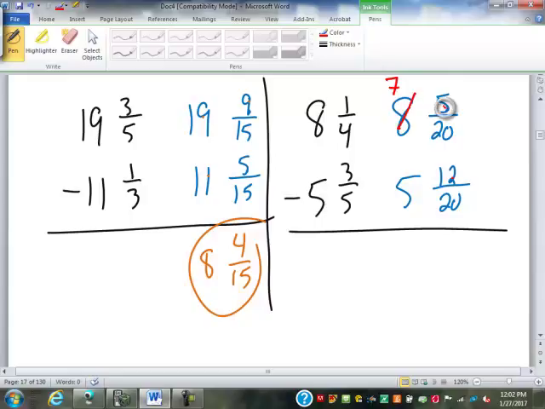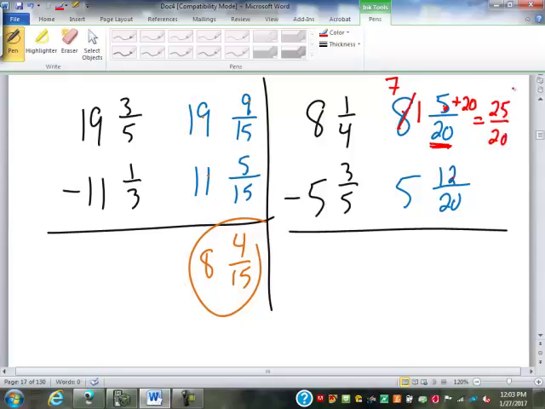What is this going to become? Careful, very careful. What I borrowed there was 1. The denominator tells us how many pieces are in that 1. That 1 that we borrowed from the 8 has to have 20 pieces in it. So we're going to add 20 to our 5 to get 25/20.